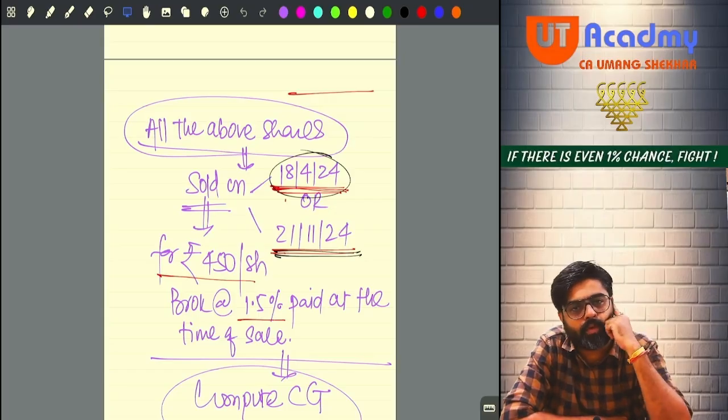Compute the amount of capital gain chargeable to tax in the hands of, what was the name of the assessee? Mr. Anirudh Abhinav. In the hands of Mr. Abhinav.